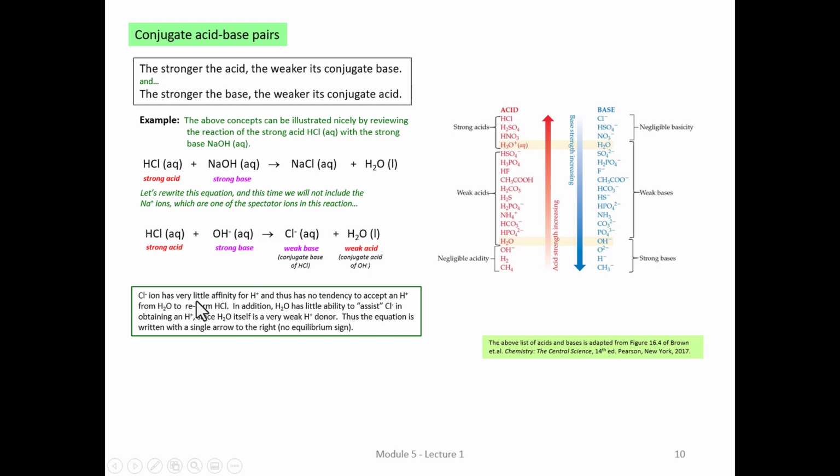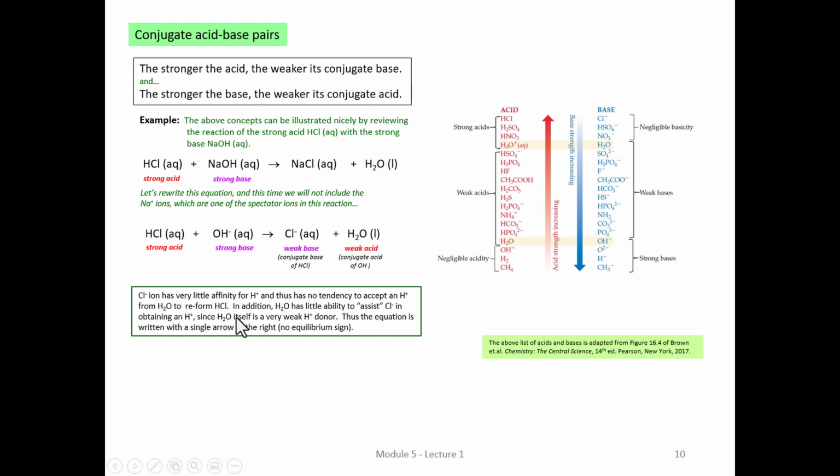Chloride ion has very little affinity for H plus. Why? Because chloride is a horrible base. It's a horrible H plus acceptor. So it's a weak H plus acceptor, and it's not going to go after the H plus on the water very vigorously.